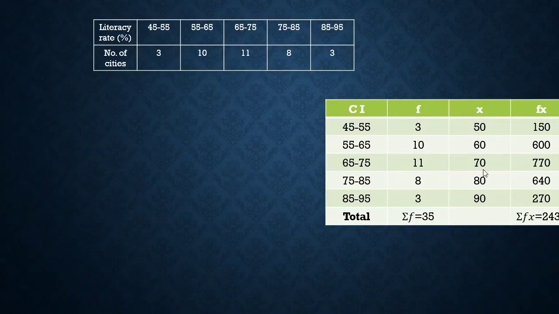We have calculated the class marks, which will be equal to 50, 60, 70, 80 and 90. And 3 into 50, 150, 10 into 60, 600, 11 into 70, 770 and so on. We have calculated all the f into x values. On adding them we get our summation of fx to be equal to 2430.